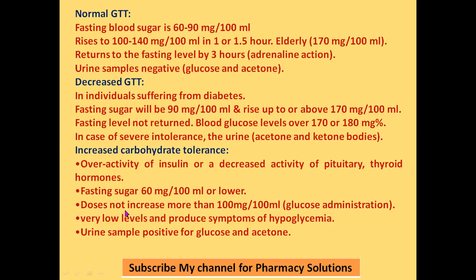Even after giving this extra dose, it will not increase to the extent seen in a normal GTT or decreased GTT. It increases only up to 100 mg per 100 ml, even after giving this extra dose of glucose. So at the end of the test you will see very low levels of glucose, which produce symptoms of hypoglycemia.